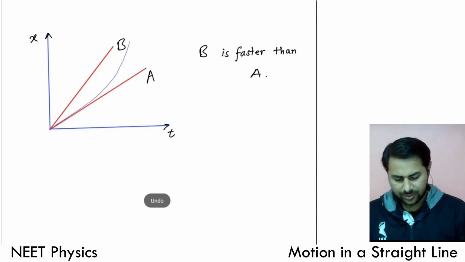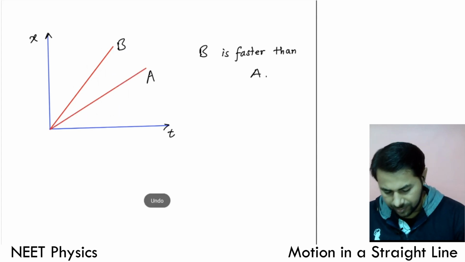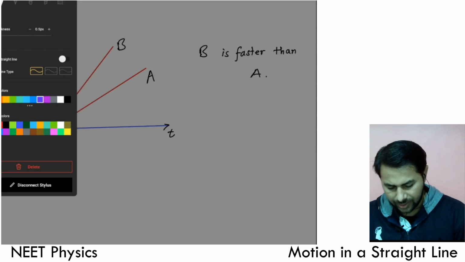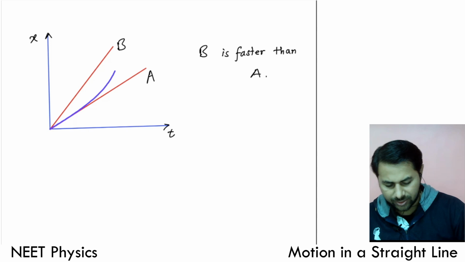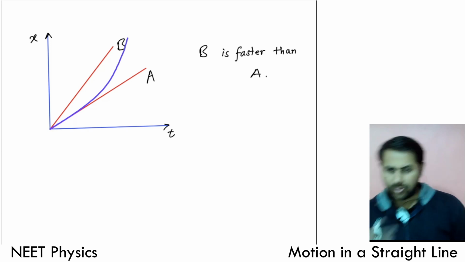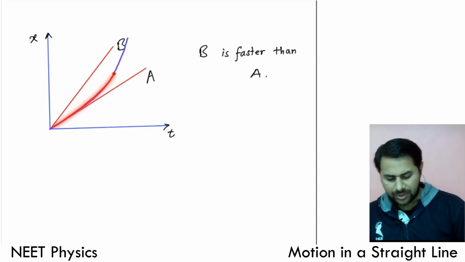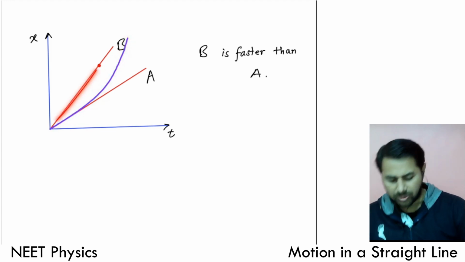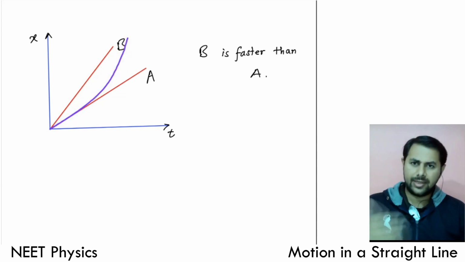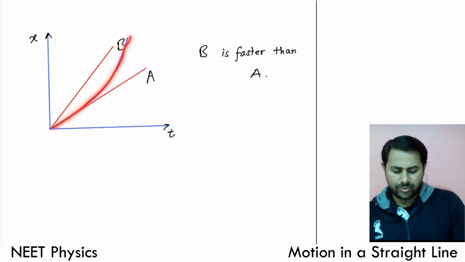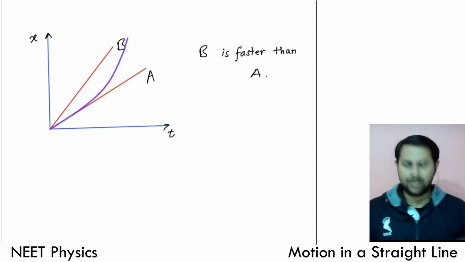It will start like this, but it wants to increase the velocity, so it will go towards B, because the velocity of B is greater than A. If the position of A changes like this, that means A is running faster. So this would be the graph of accelerated motion.